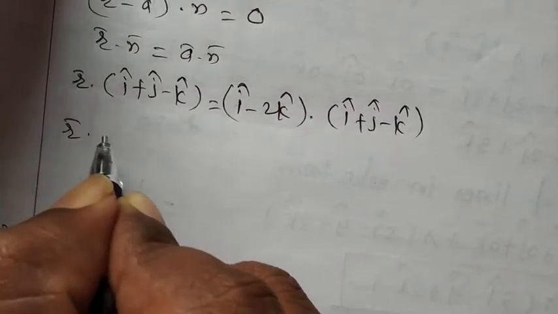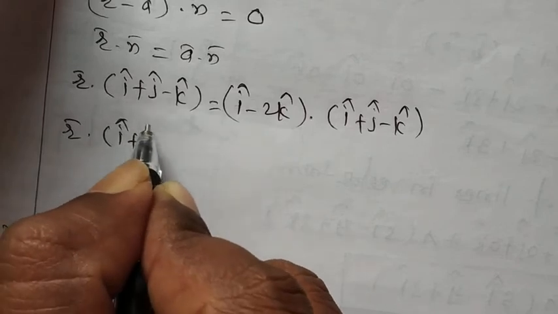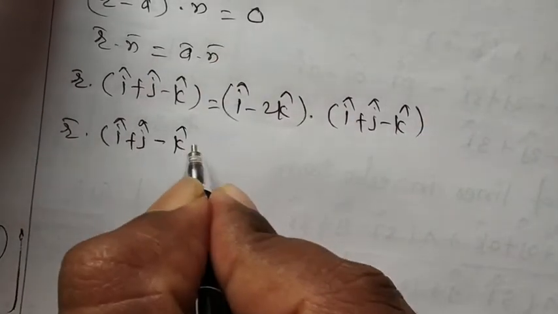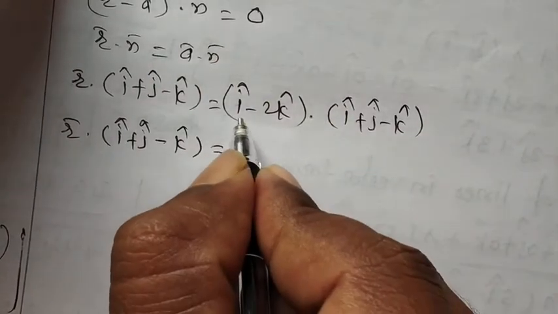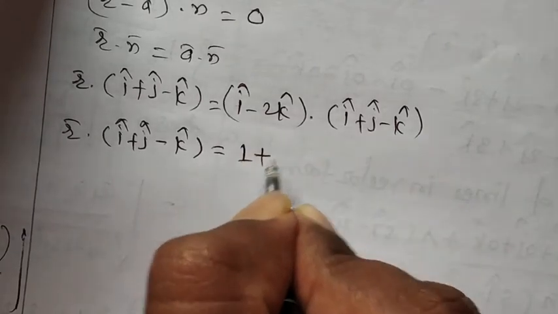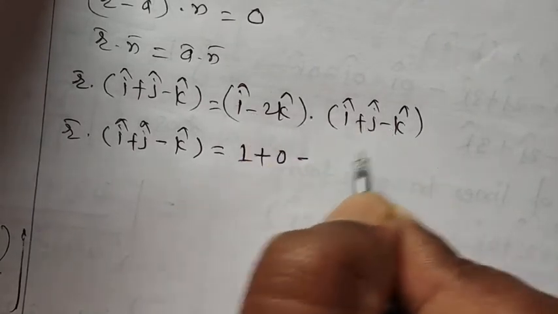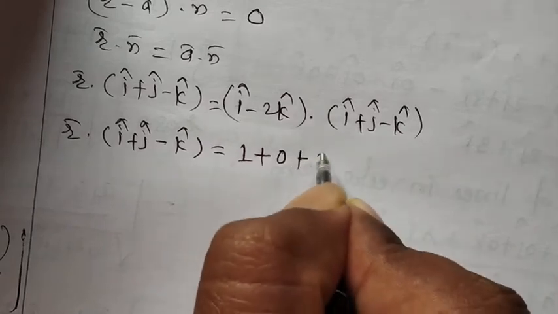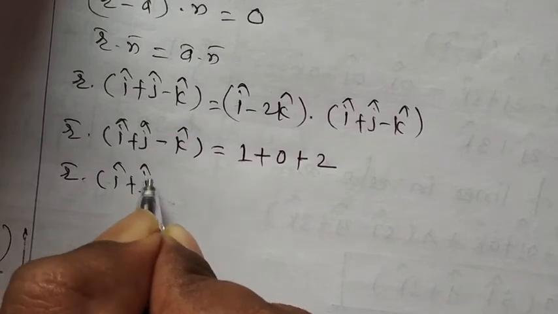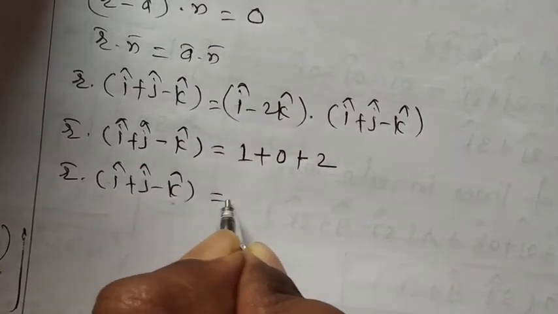Then r bar dot i plus j minus k is equal to 1 into 1 plus j into 0, that is 0, minus 2 into minus 1, that is plus 2. So r bar dot i plus j minus k is equal to 3.